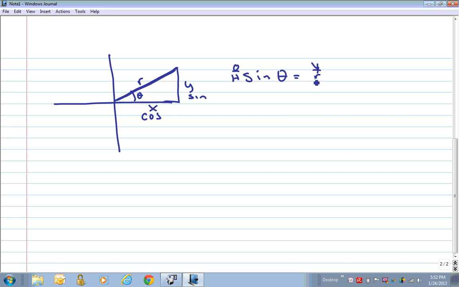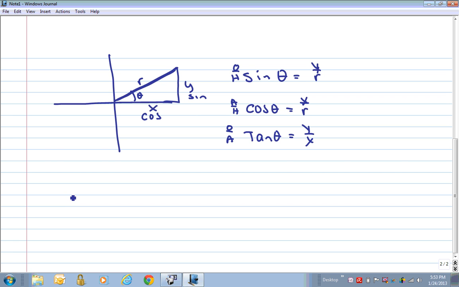We know cosine theta is adjacent over hypotenuse, and in this particular case that would be x over r, because this may not be a unit circle, so that radius may not always be 1. For tangent theta, we know that is opposite over adjacent, so in this case tan theta would be y over x. We've talked about that for quite a while, so you do know that one.